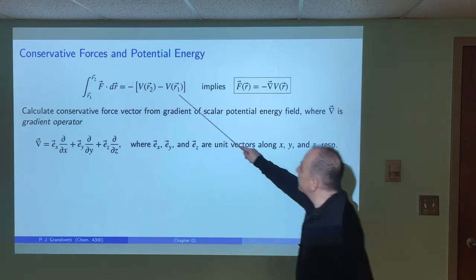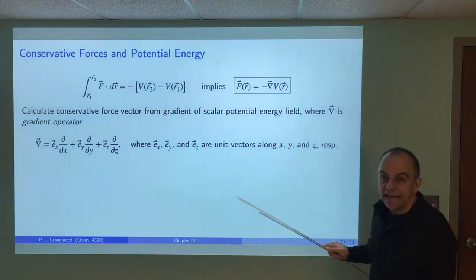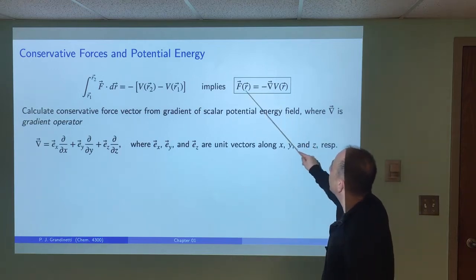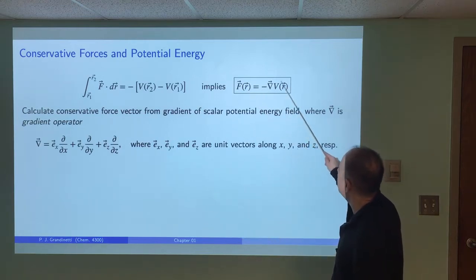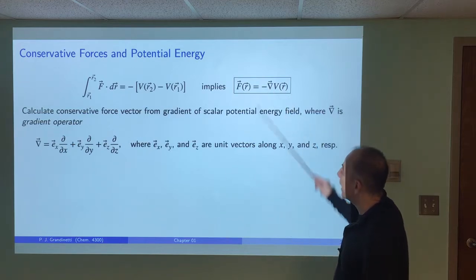Now, this result that we just saw also implies that from this scalar field, this potential energy function, we can calculate the force vector. And that's done by taking the gradient of this function and then the negative of that.